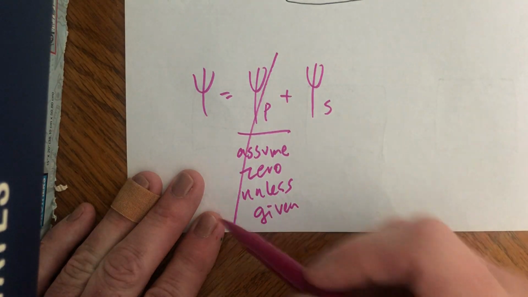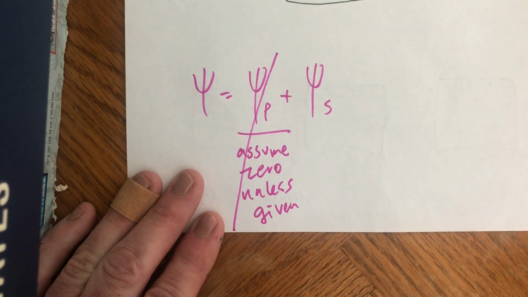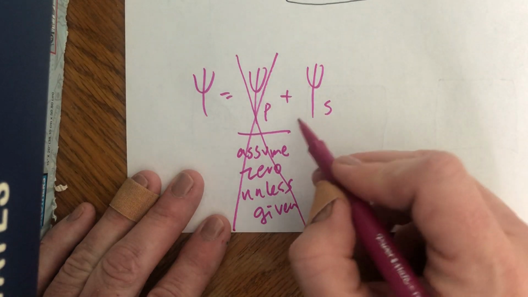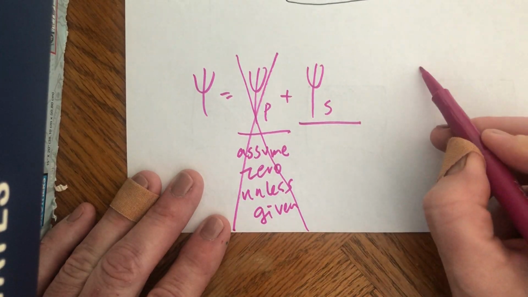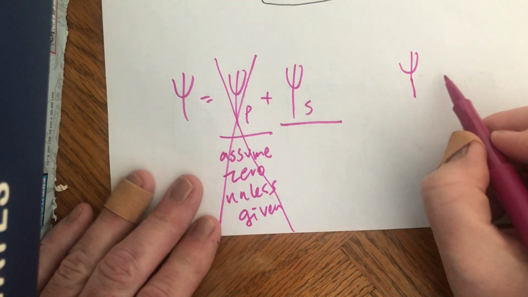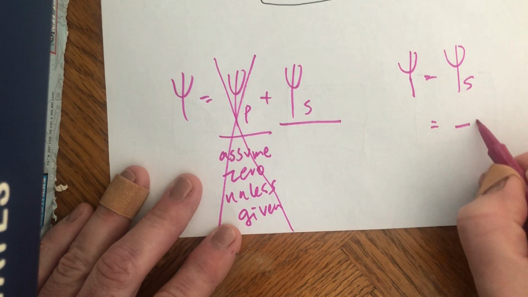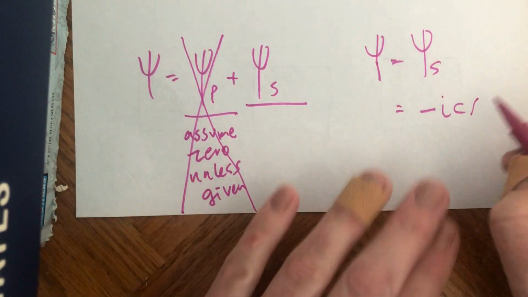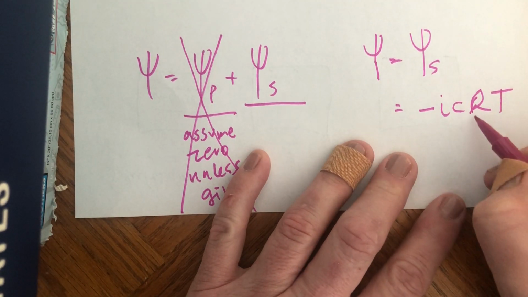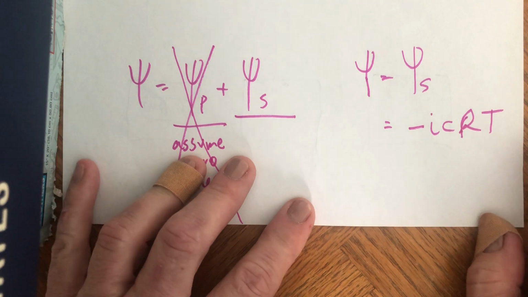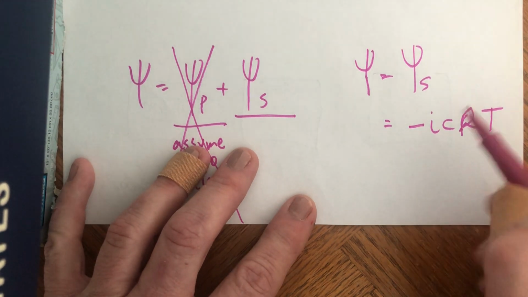So we just get rid of it unless they give it to us, which I don't think they will. And then we look at solute potential, which is negative iCRT. You will be given a formula sheet, but I don't think you'll have to calculate this. I just think you'll have to understand it.